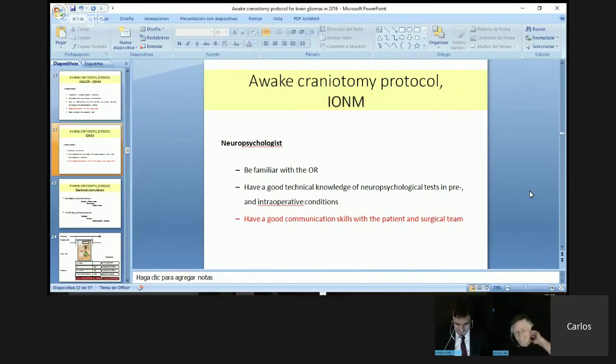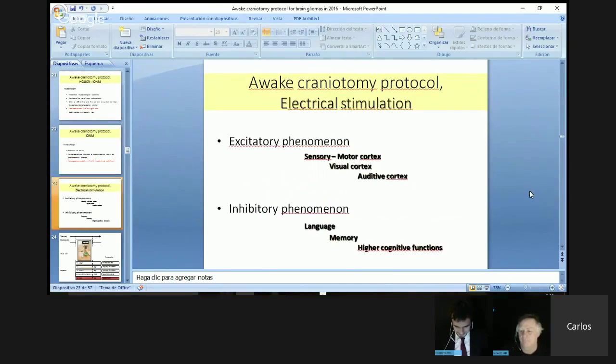We need a neuropsychologist who is familiar with the OR, who has good technical knowledge of neuropsychological tests in pre- and intraoperative conditions, and who has good communication skills with the patients and surgical team.